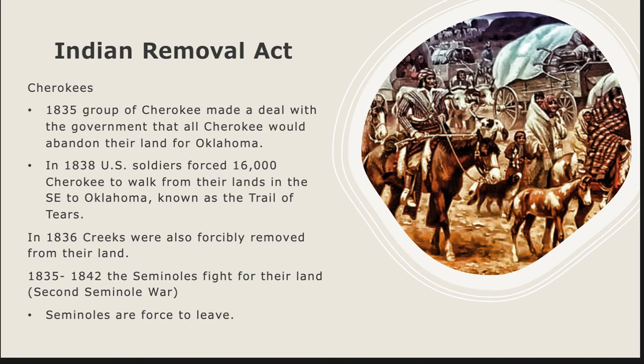The Seminoles stay and try to fight for their land, and these conflicts become known as the Second Seminole War. But in the end, the Seminoles are also forced to leave. So the event that shows that the Native Americans were forced to move to the west is the Trail of Tears. And you're going to read about the Trail of Tears for your homework tonight.